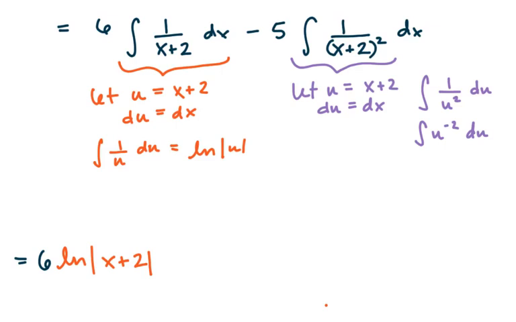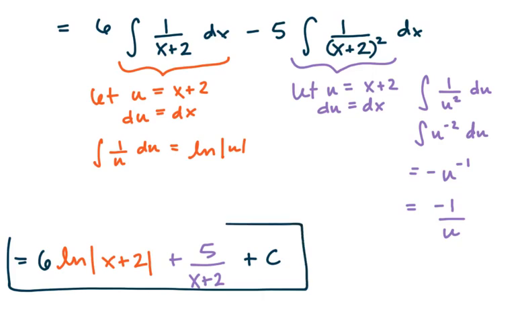Integrating using the power rule, if I add 1 to -2, that gives me -1, or rather -u to the -1, or -1 over u. So I have -5, and I've got -1 over u. I'm going to go ahead and say -5 times -1, that's going to be +5. I'm going to slide that 5 into the numerator. So I'll say +5 over u, which is x plus 2. And of course, we finish our indefinite integral by writing plus C.